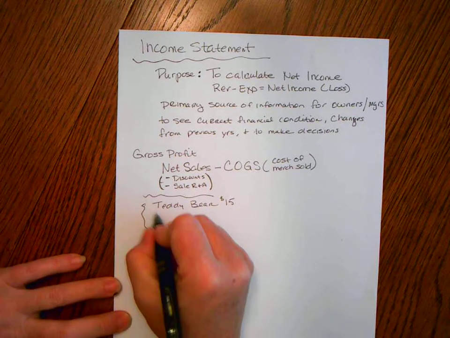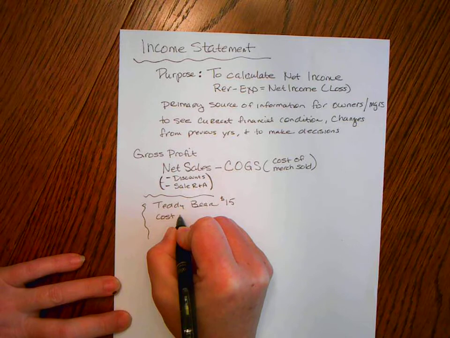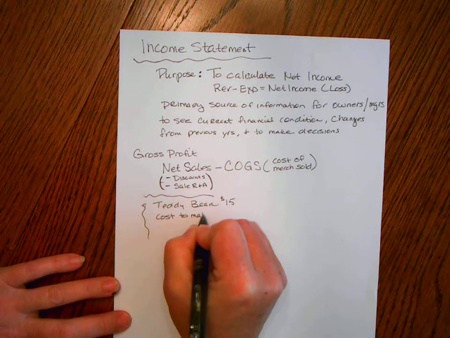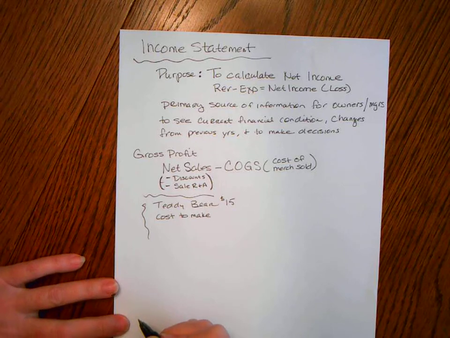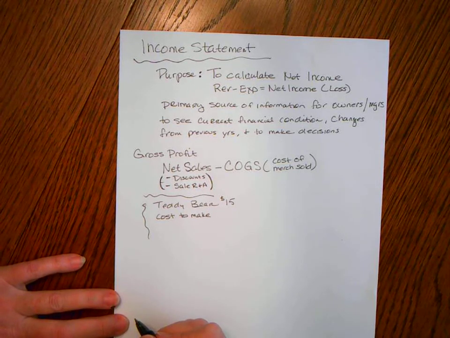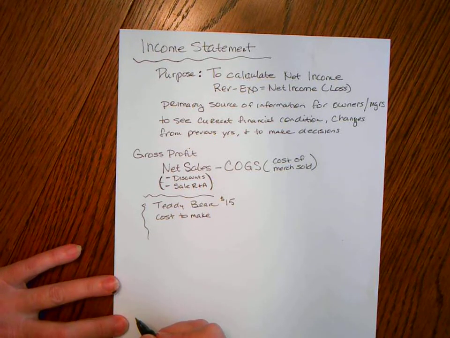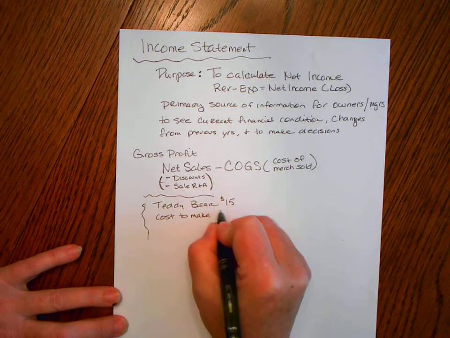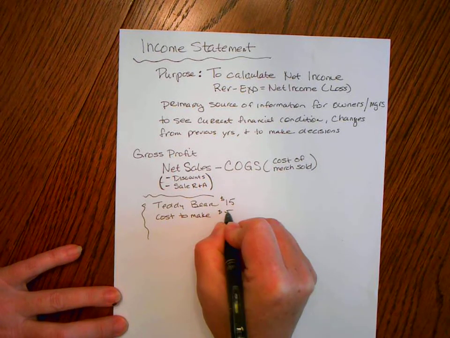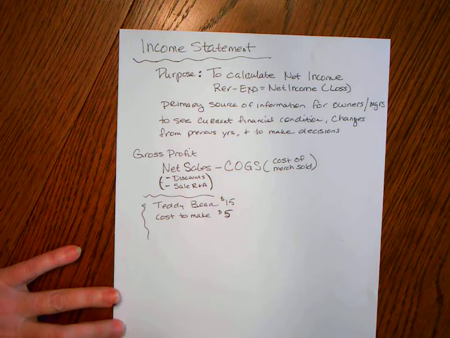But we also know that it costs us something to make that bear. There's fur, there's buttons, there's eyeballs, there's bow ties, whatever it is, it costs us to make. So let's say that it costs us $5 to make it. Okay.